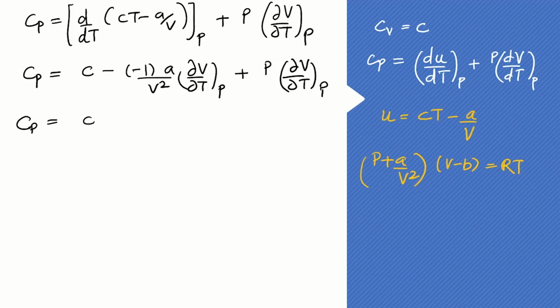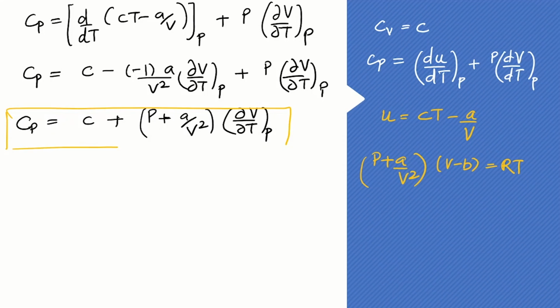So let's rewrite this expression as C plus (P plus A over V square) and we will take this del V by del T at constant pressure common. So we will mark this equation 1 here.